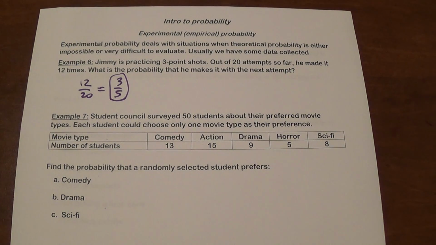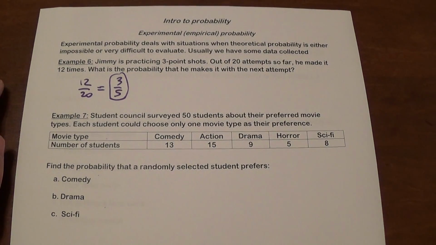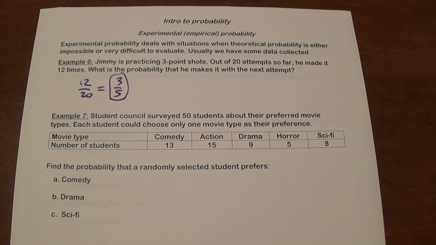In example 7, a student council surveyed 50 students about their preferred movie types. Each student could choose only one movie type as their preference, and the table shows the breakdown. First of all, what we need to know is the sum of all that, because we are going to divide by it.